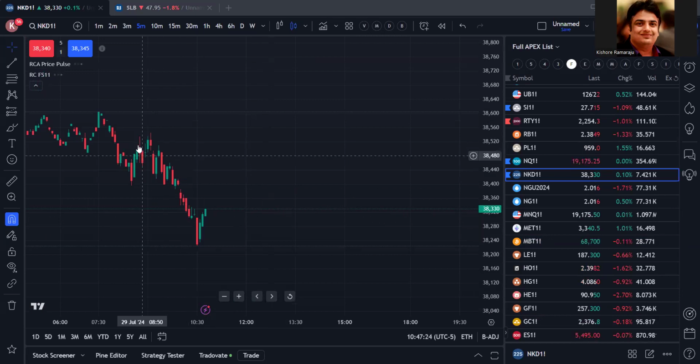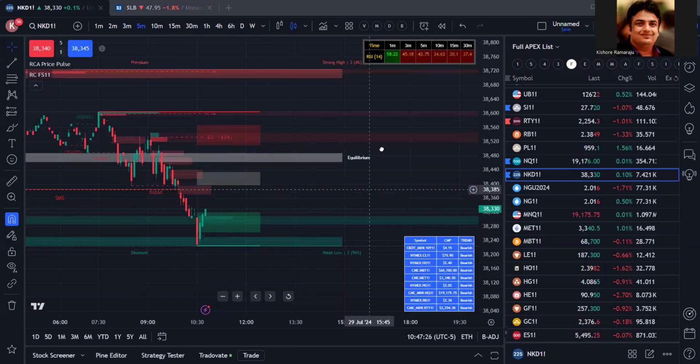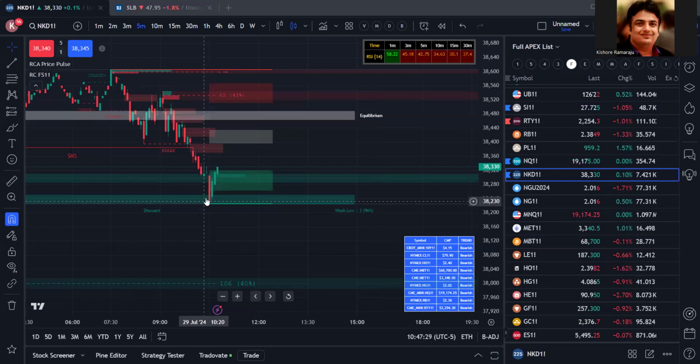Your NQ and NKD generally move in the same direction. NKD also touched the bottom, trying to go up.